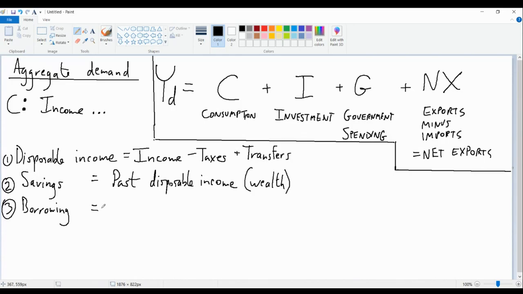So somehow I had to survive that summer, and I did so by borrowing. How could I borrow with no savings and no income? Well, it's because I knew I had this nice job at GW coming up. So I was able to borrow because I was going to pay it with my future disposable income.